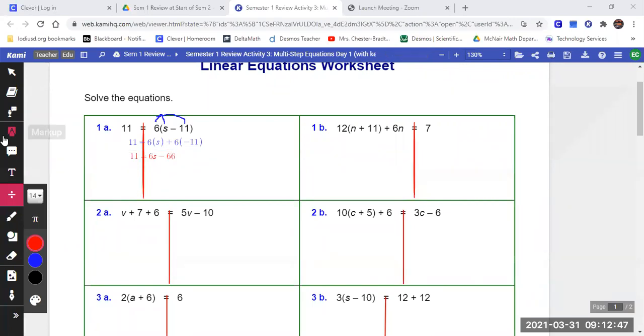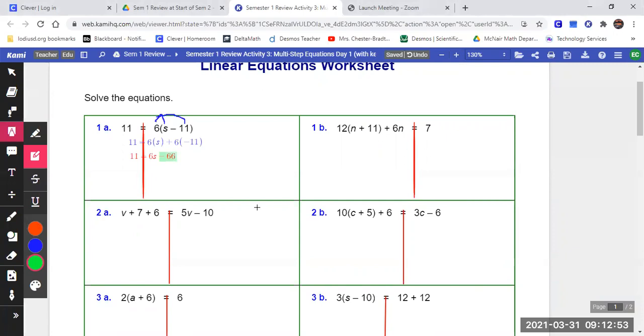So the first thing I have to handle is this negative 66. That's addition and subtraction. So am I going to use big 0 or big 1 to get rid of addition and subtraction? What did we just say? I need that negative 66 to zero out.